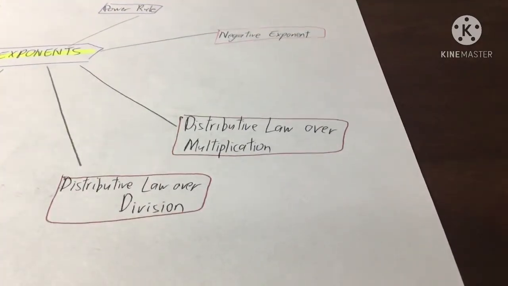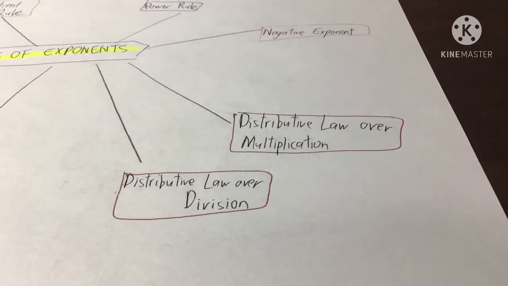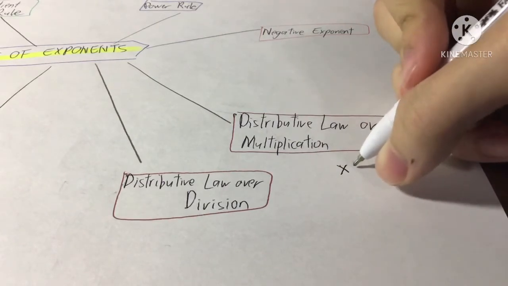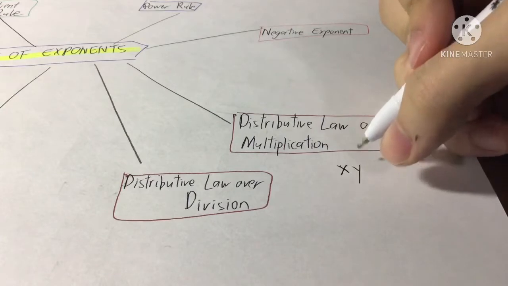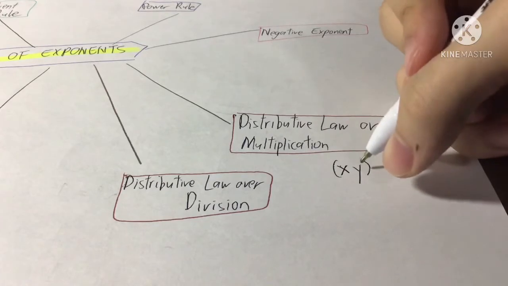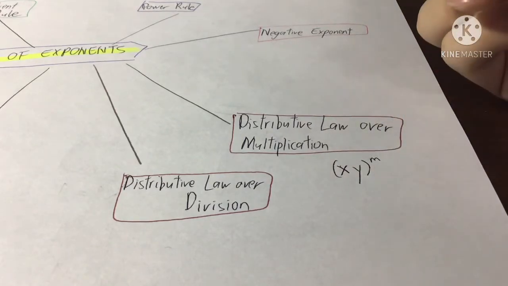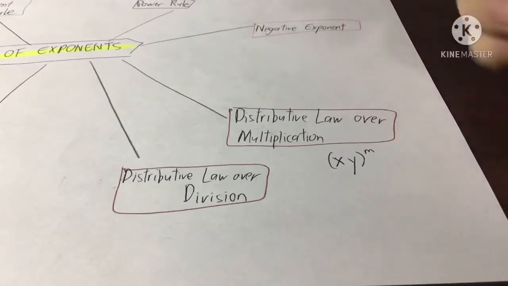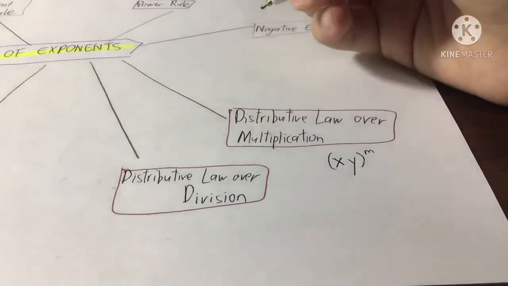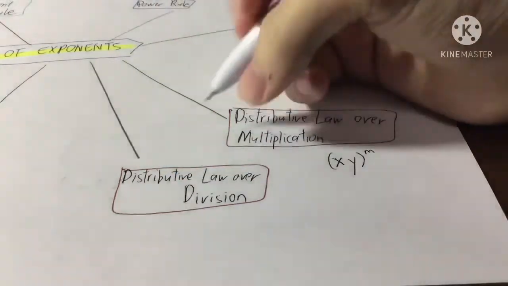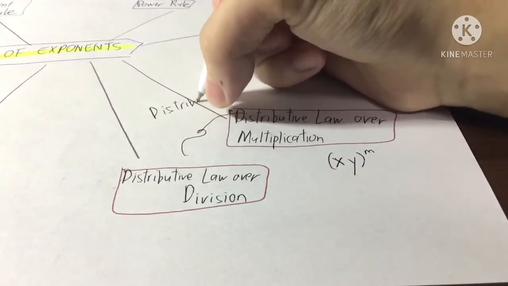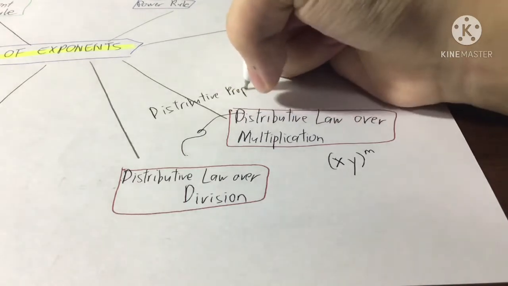Now, for the distributive law over multiplication, our basic formula is x, any number multiplied to another number, y, both of these numbers inside a parenthesis, raised to any exponent m. Because it's called distributive law, that means it concerns, even this law over division, the use of what we call distributive property.